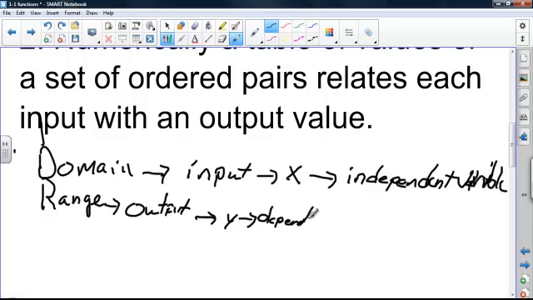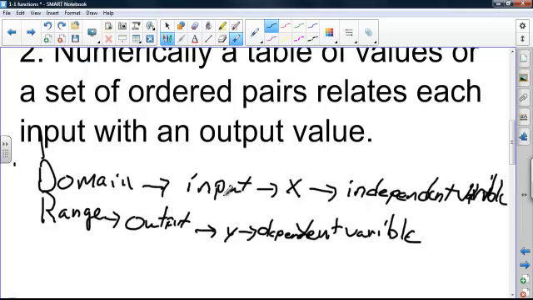Remember how I said remember the word dependent or depends? The reason this is called a dependent variable is because it always depends on whatever your domain value is, whatever your input value is, whatever your x is.